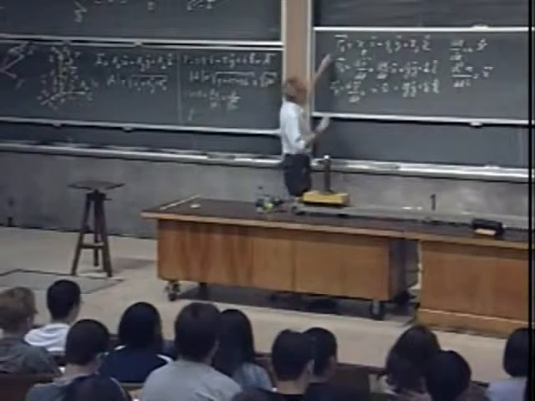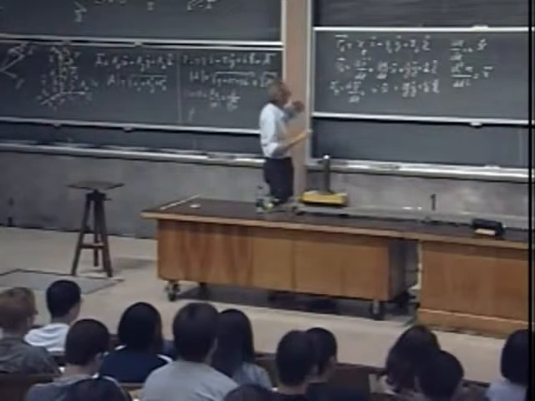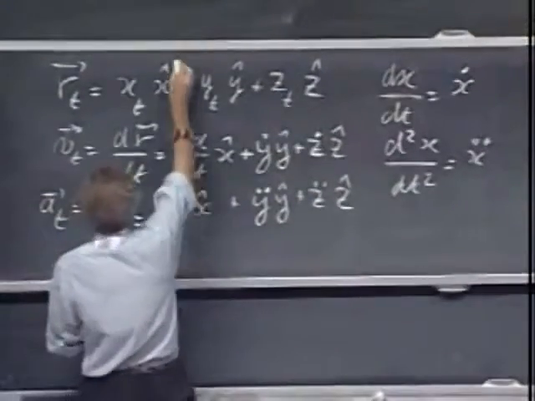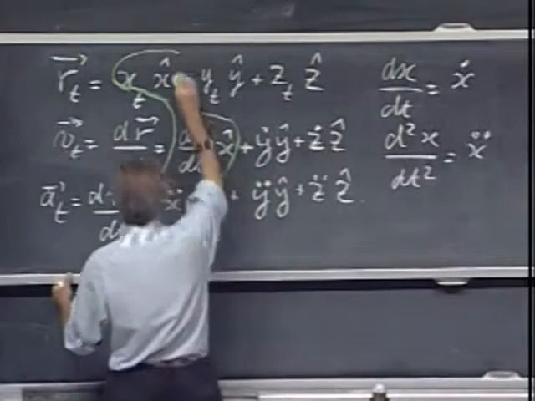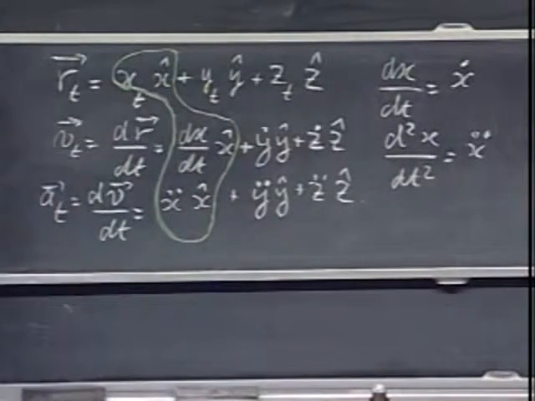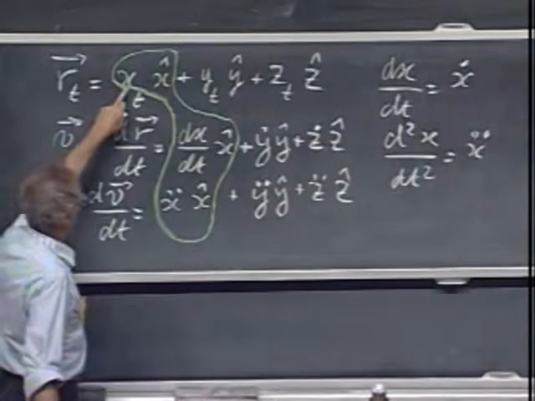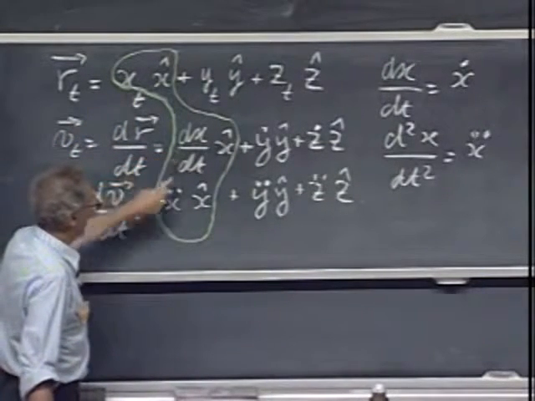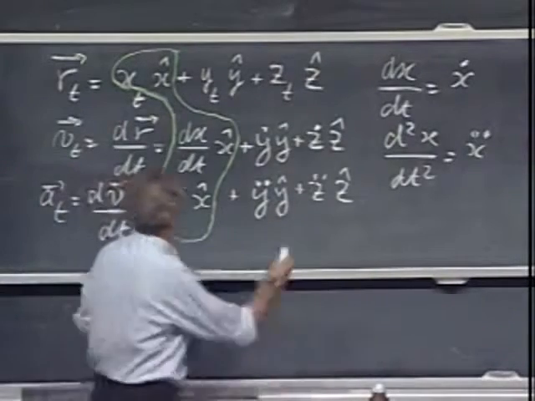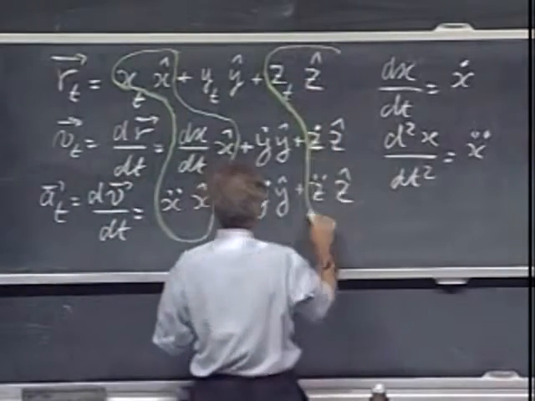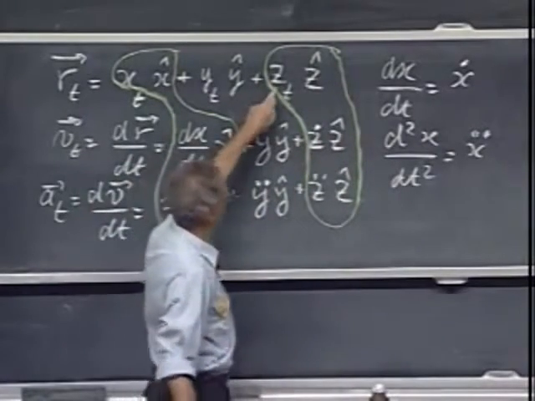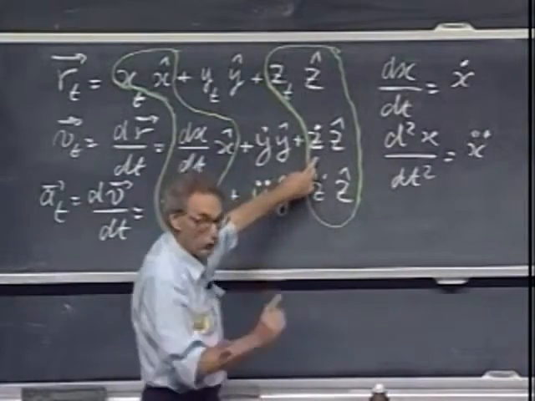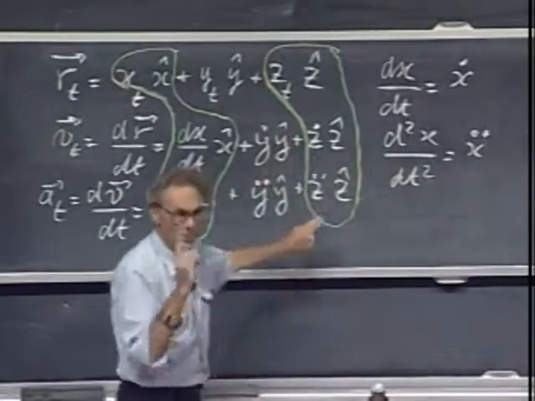We have a point P going in three-dimensional space. And here we have the entire behavior of the object as it moves, its projection along the x-axis. This is the position, this is its velocity, and this is its acceleration. And here you see the entire behavior on the z-axis. This is the position on the z-axis, this is the velocity component in the z direction, and this is the acceleration in the z-axis.